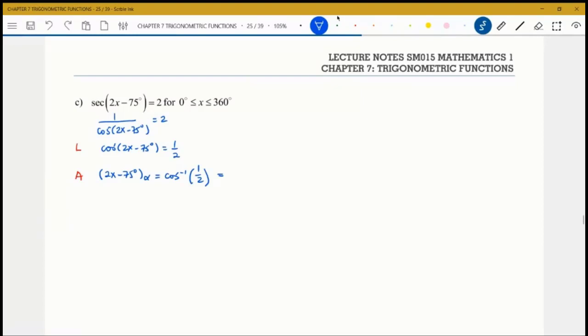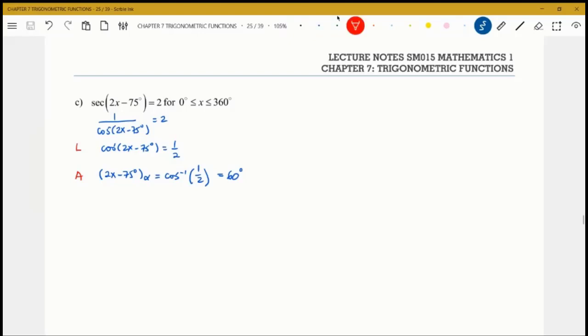Sixty. 60. Okay, so we have it 60 degree. And then our range, original dia adalah 0 to 360.